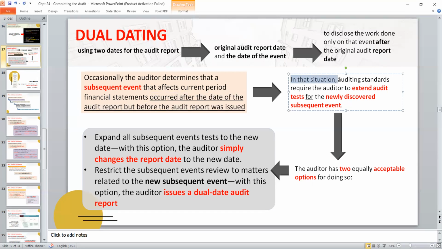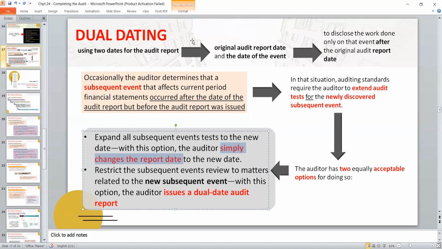In that situation, auditing standards require the auditor to extend the audit tests for the newly discovered subsequent event. The auditor has two equally acceptable options. First option: you don't have dual dating. You simply change the report date to the new date.